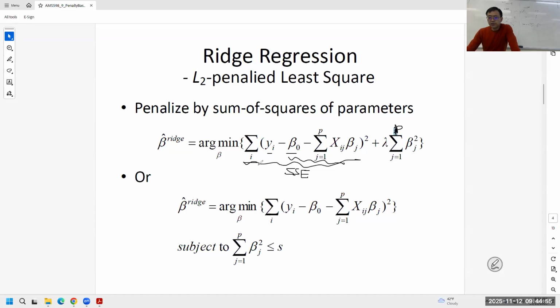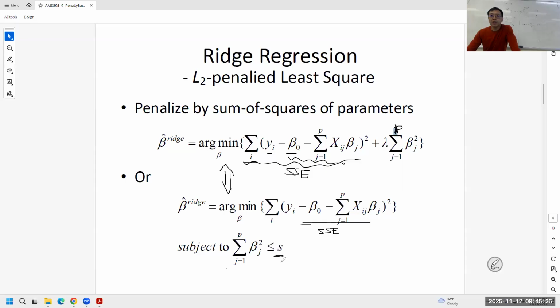If you look at this regression, the optimization problem above is equivalent to the problem below, which is to minimize the sum of squared errors SSE subject to the summation of beta j squared being less than or equal to some constant.